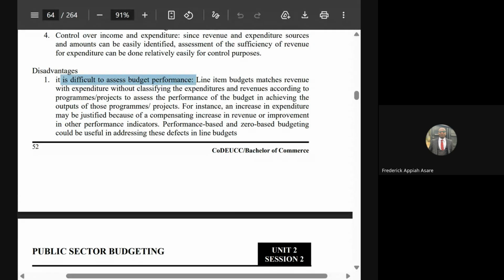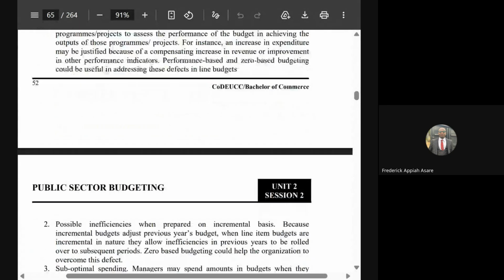You just said that, oh, we are going to need 50,000 cedis to pay employees. For all you know, some of the programs or some of the districts, some of the MMDAs, are spending too much. So you might not be able to compare one MMDA's performance against the other. So it's difficult for you to assess the budget performance.